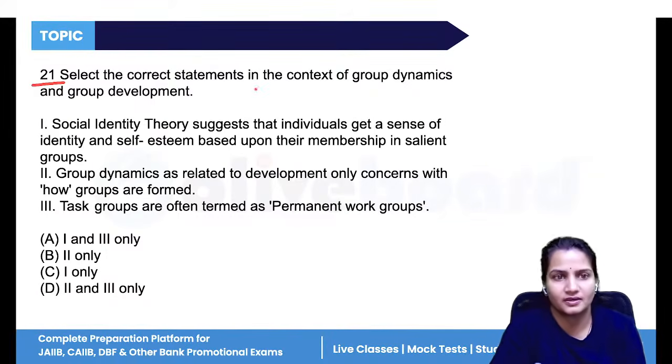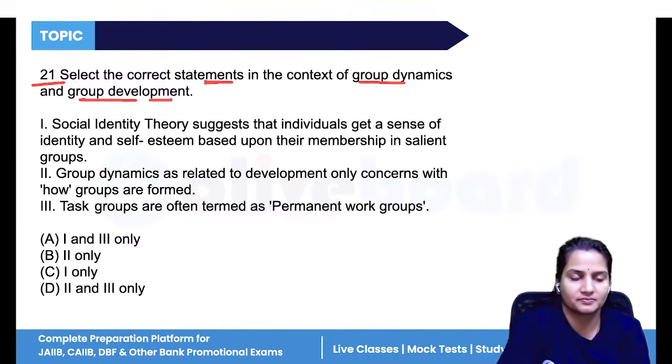Now next, find the correct statement with respect to group dynamics and group development.